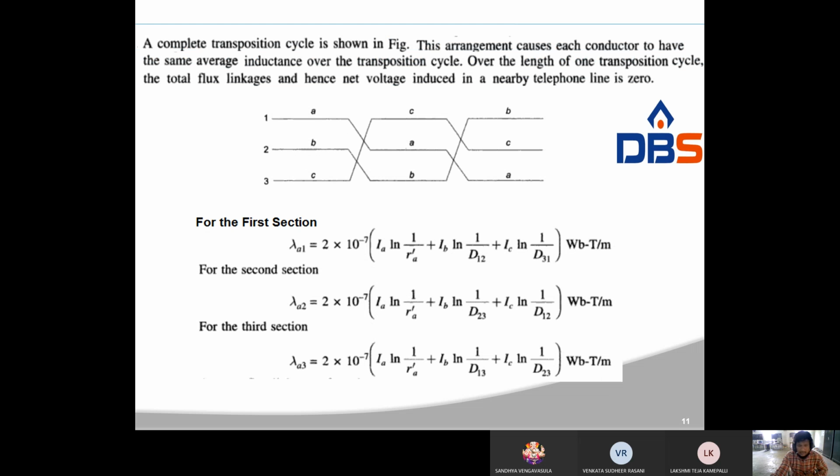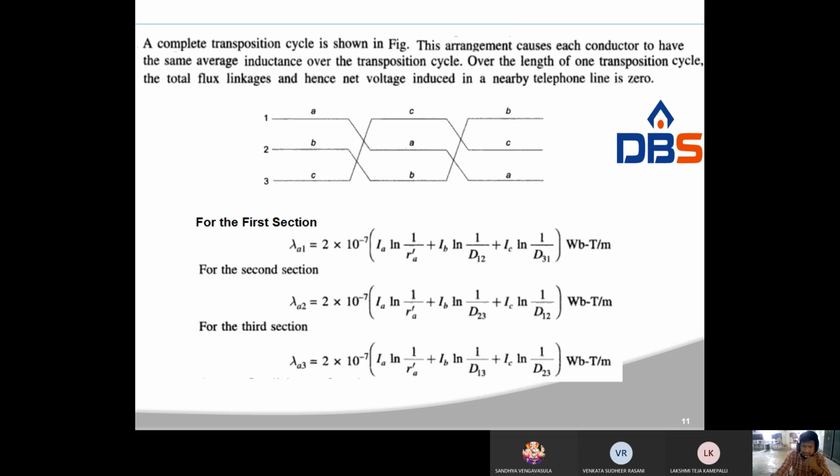Look at the picture. A, B, C: one conductor, second conductor, third conductor, line 1, line 2, line 3. After some distance, we have to transpose. At first, C will be lower and A will be upper.